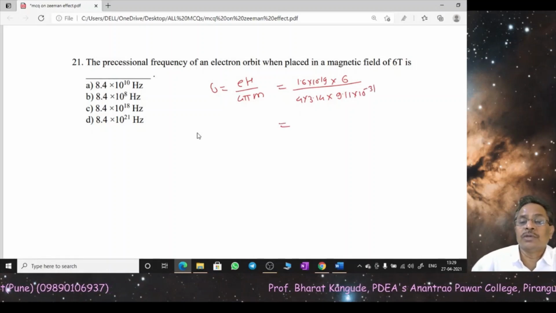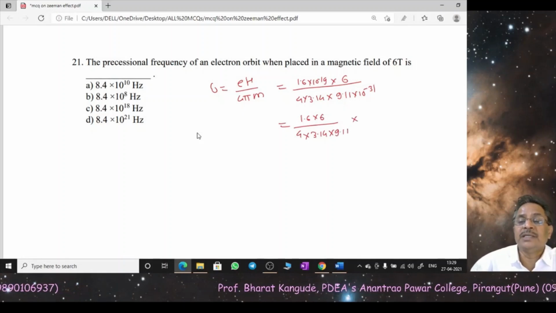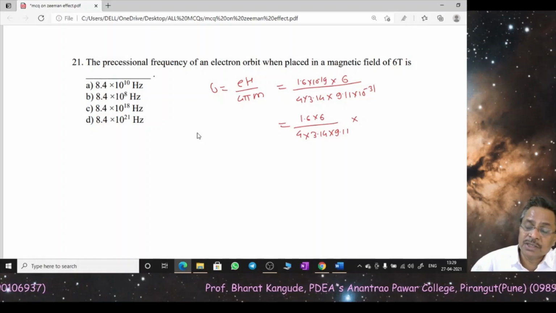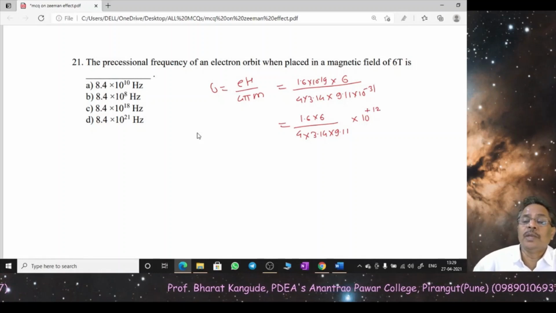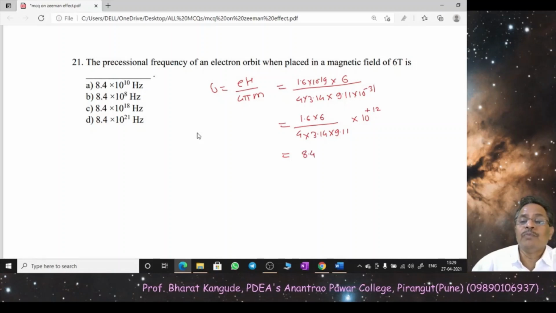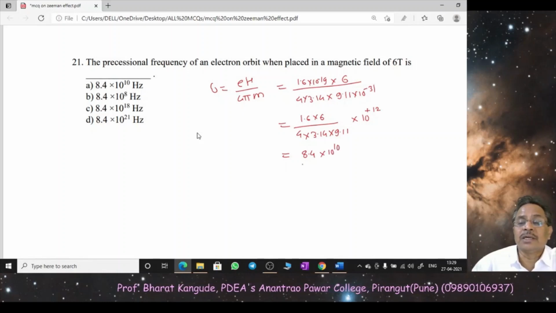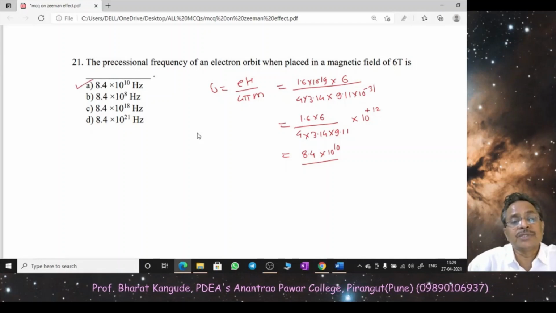So it is 1.6 into 6 divided by 4 into 3.14 into 9.11, with minus 19 in the numerator and minus 31 in the denominator. Taking that to the numerator, it becomes 10 raised to plus 31, minus 19 gives plus 12, and the denominator is more than the numerator. Adjusting these numbers, I get 8.4 into 10 raised to 10, and that's why the correct option for question number 21 is A, 8.4 into 10 raised to 10 hertz.